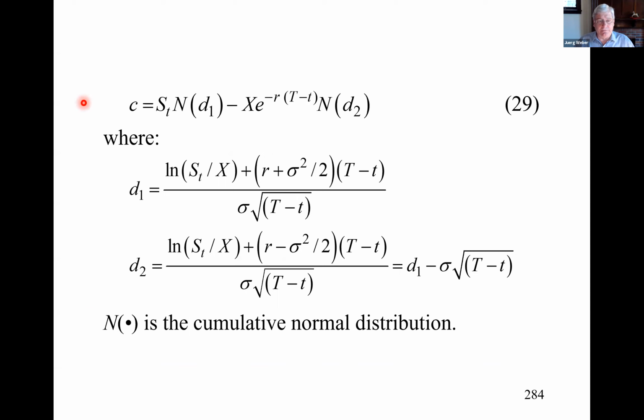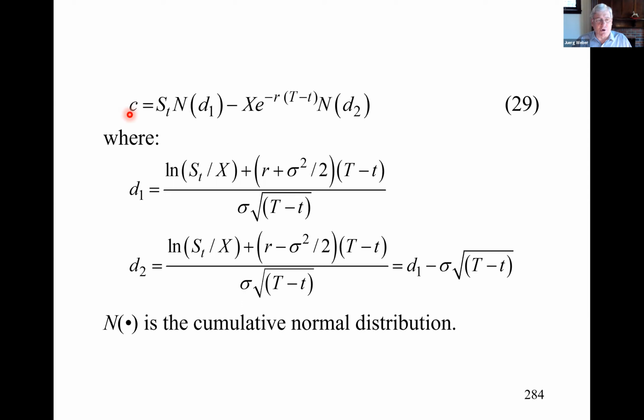That's the solution. It looks quite complicated, but it's really quite easy to solve. Now that's this famous equation for the price of a European call option, the value of a European call option that every finance student knows.